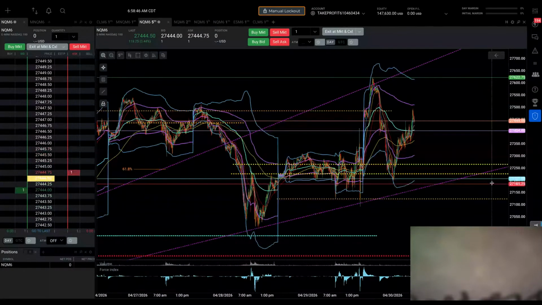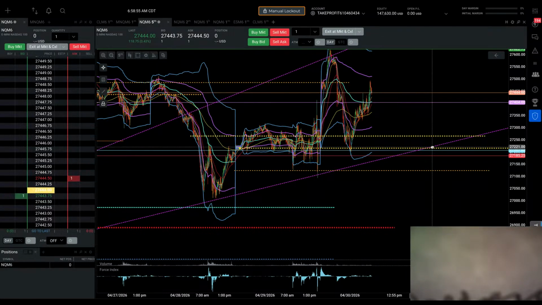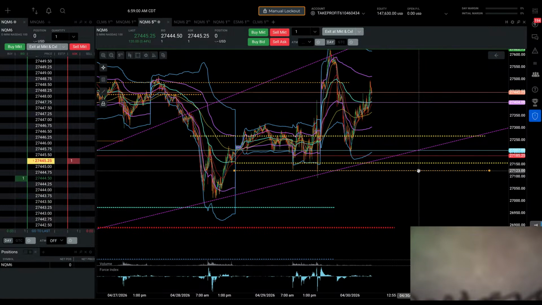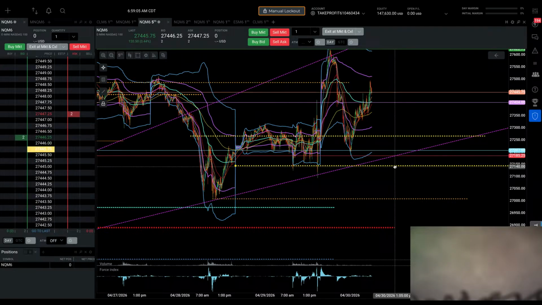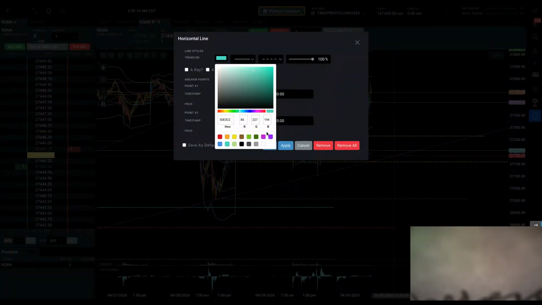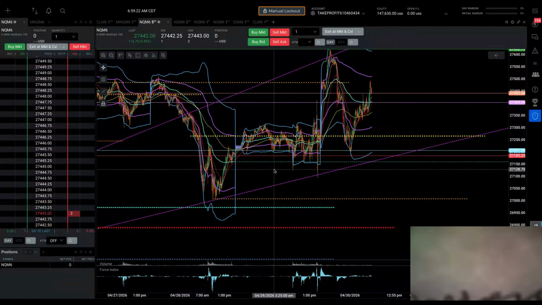Now let's zoom in here. All right, so what I'm doing here is I'm setting up my VWAP, previous day VWAP levels.